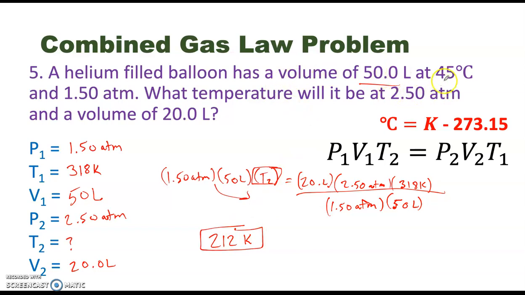I should check my sig figs. Technically this has 2 sig figs, so we should round this to 210 Kelvin. And then if you want, you can subtract 273 from that. Actually, I've got to do 210 minus 273. So that would be negative 63 degrees Celsius. So you can report it either way. It didn't specify what you needed, so we'll put both.